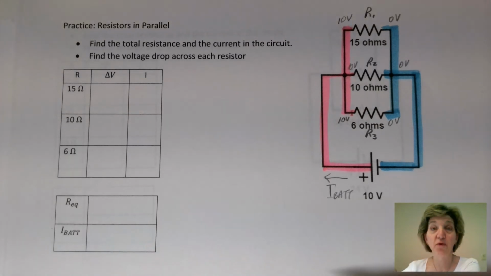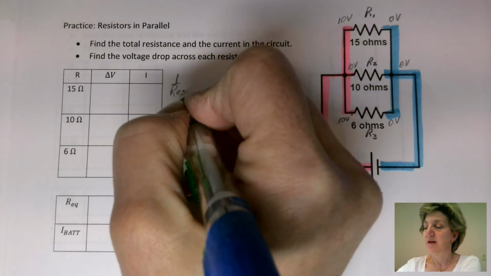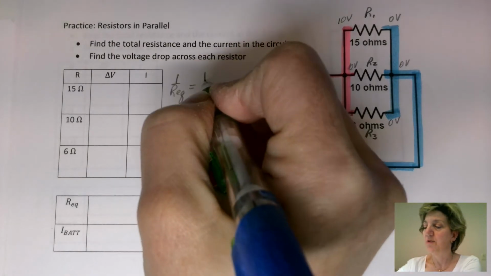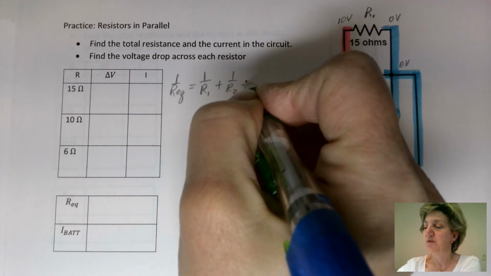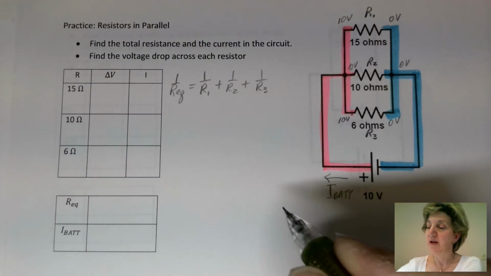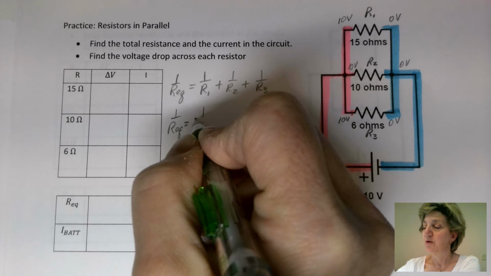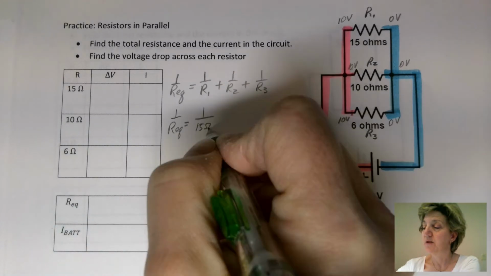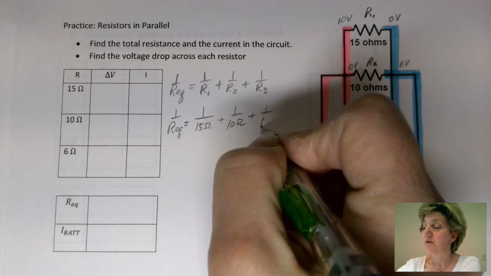Let's get the overall resistance for this parallel circuit. If we look at our rules for parallel circuits, we know that it is based on 1 over Req equals 1 over R1 plus 1 over R2 plus 1 over R3. So when we fill that in, 1 over Req equals 1 over 15 ohms plus 1 over 10 ohms plus 1 over 6 ohms.